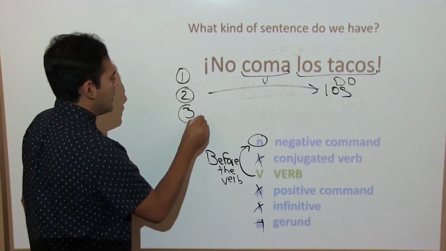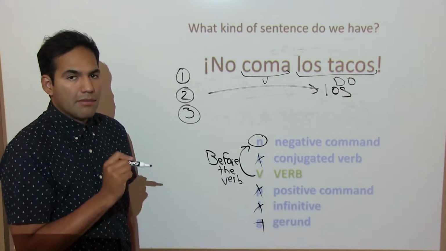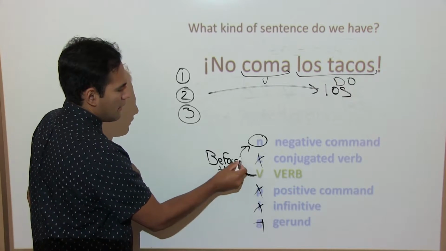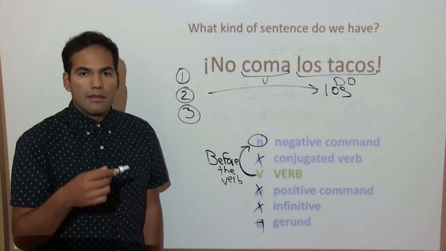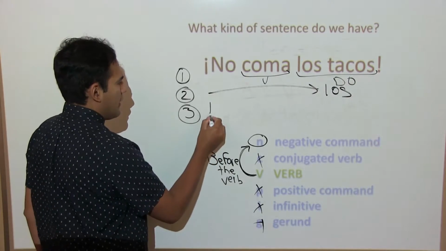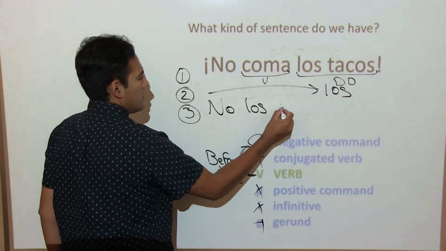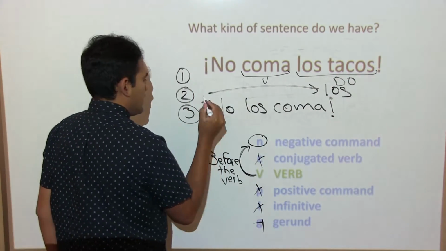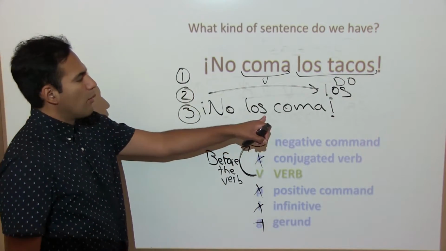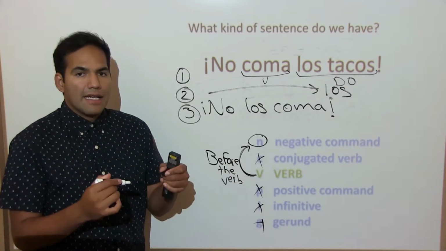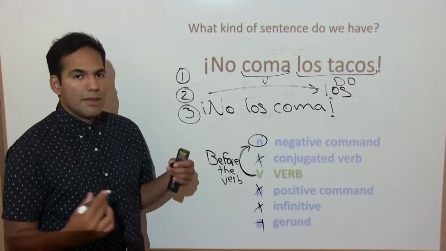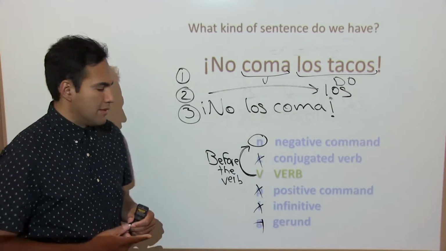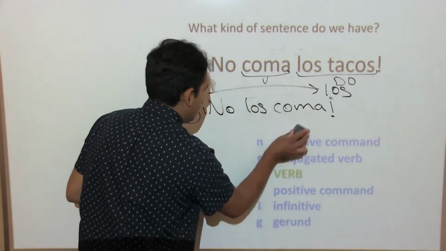And then third step, rewriting the sentence including the pronoun. And based on our NCB pig, it means that we're going to write the pronoun before the verb. No, los, coma. Okay, notice how when it's before the verb, it's not attached to any other verb. It just stands by itself. So that's how we do when we have a negative command. Okay? And let's do one more.